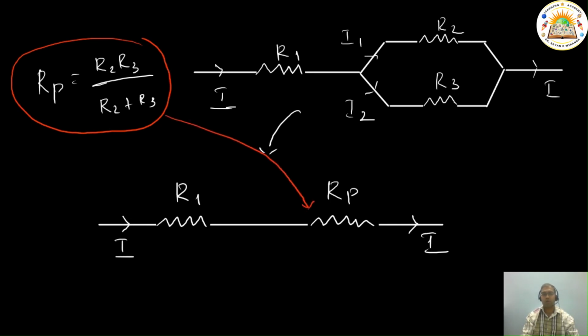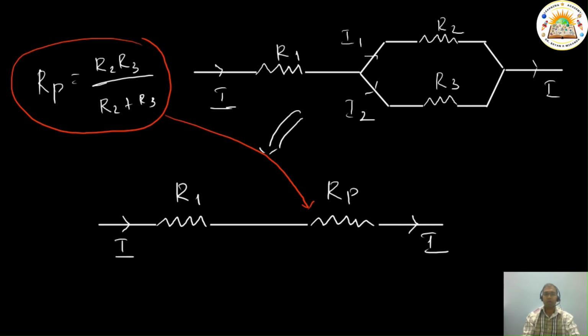So what has happened? This has reduced to a series circuit now. Now we cannot directly add series to a parallel combination. We need to have series and series. That means R1, Rp and so on. Everything to be in series to add them up. So first we go ahead and solve the parallel combination, and then only we look at the series combination.